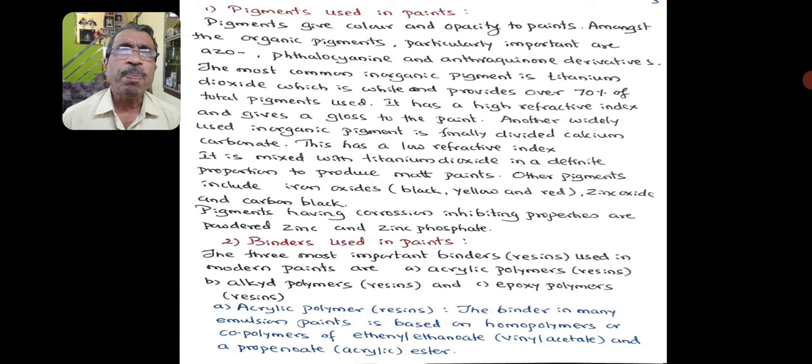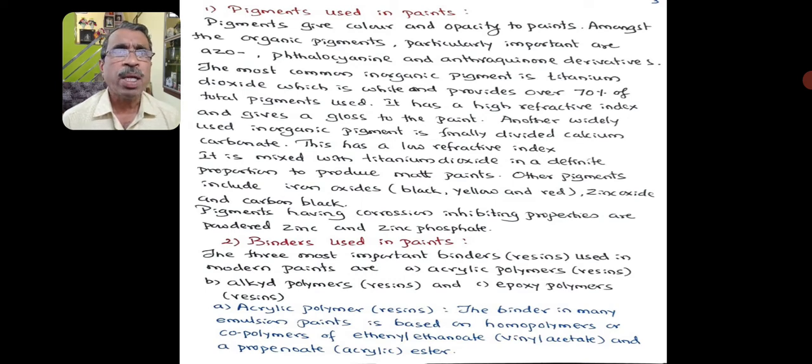Now coming to the pigments used in paints. Pigments give color and opacity to paints. Amongst the organic pigments, particularly important are azo dyes, phthalocyanine and anthraquinone derivatives.